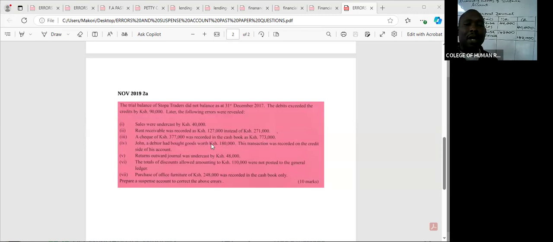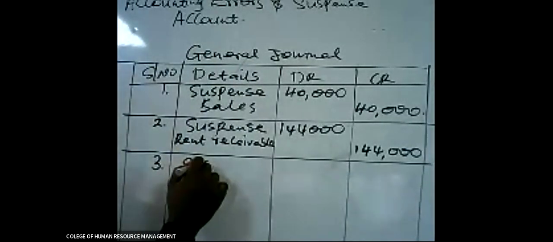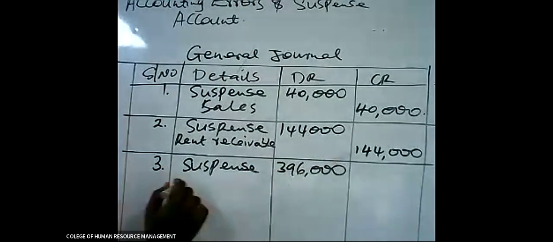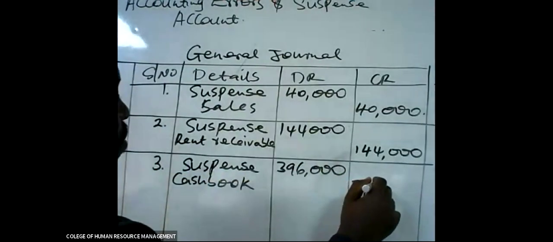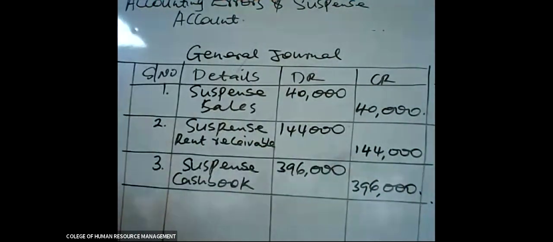So we shall credit the cash book or the bank by 396,000 because it was over-debited. Then we shall debit the suspense account by the 396,000. We reverse or subtract that so that we can remain with the actual amount that was supposed to be debited there.